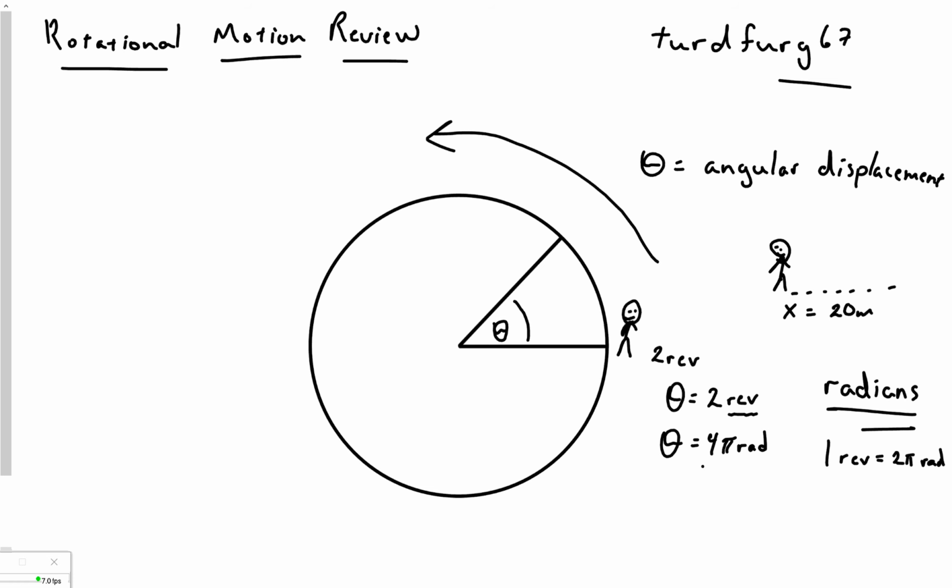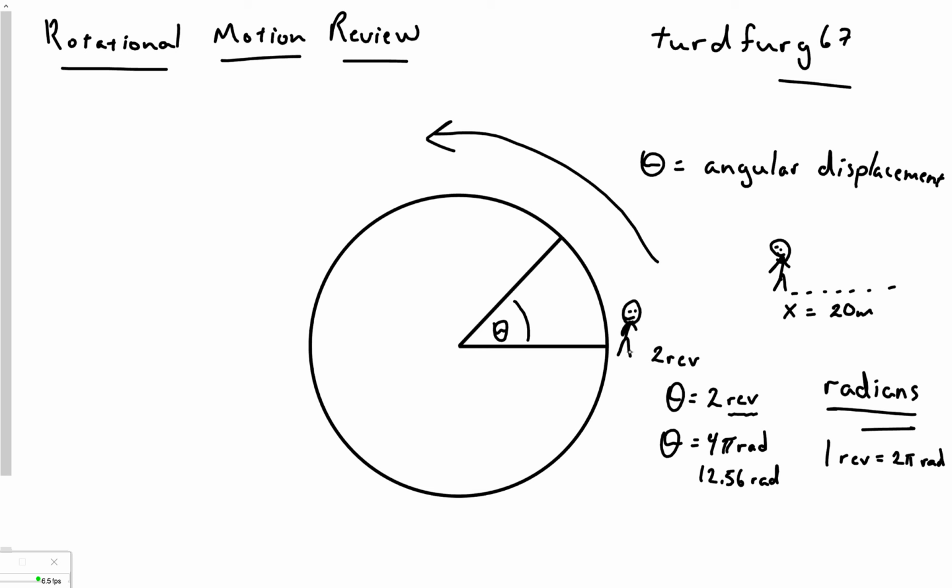Or you might even say 12.56 radians if you did not want to include pi in your answer. And by the way, in most physics classes, pi is not an issue. If you're taking a free response question or something like that, they should not object to your use of pi. So anyway, we're familiar now with what this theta actually represents in these problems.